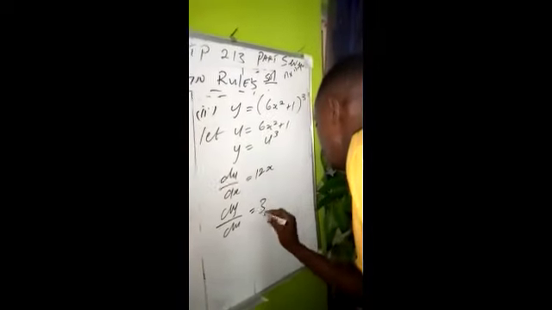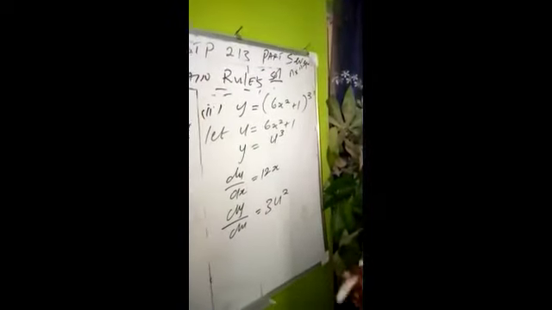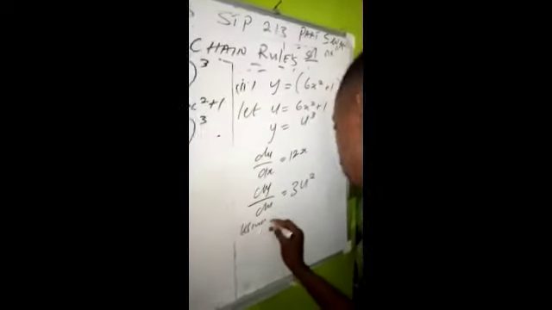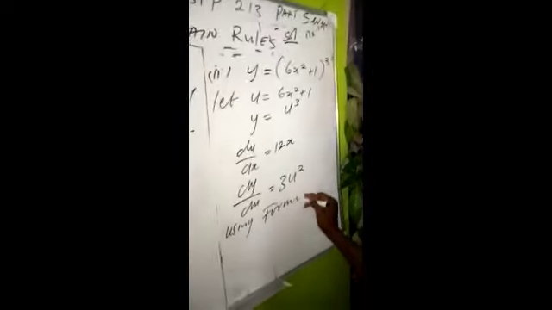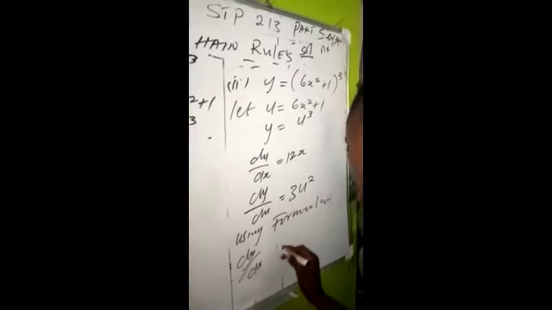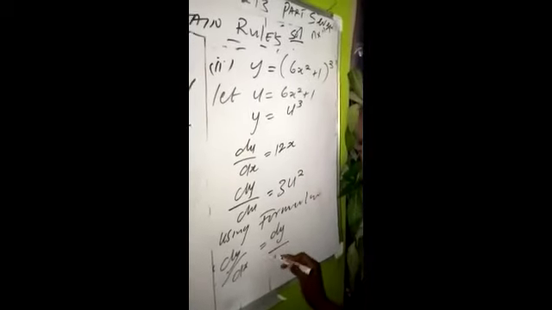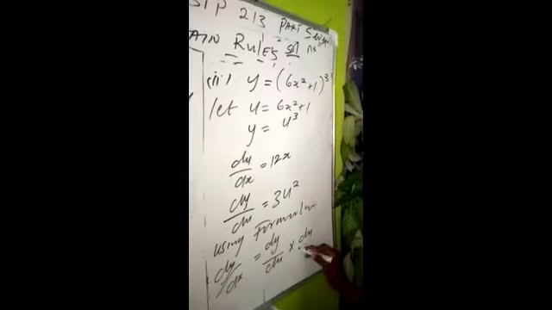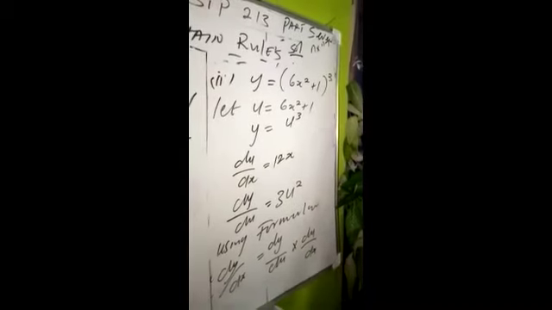Differentiating this one, I have 3u squared. So using our formula, you remember, dy/ds equals dy/du times du/ds. So that is the formula.